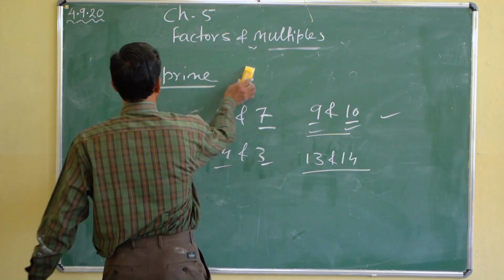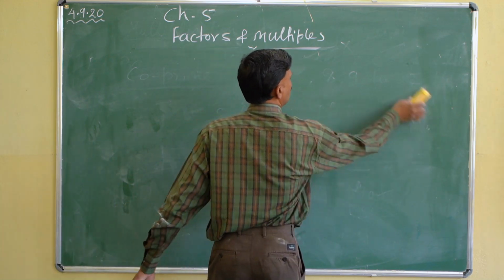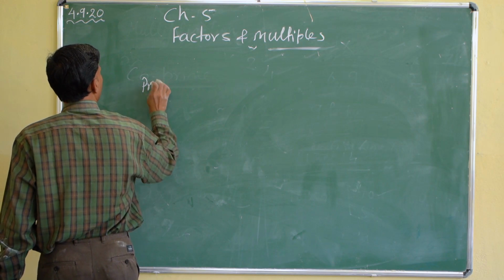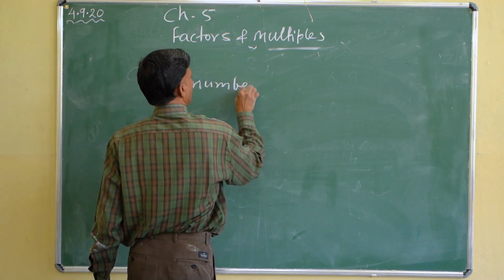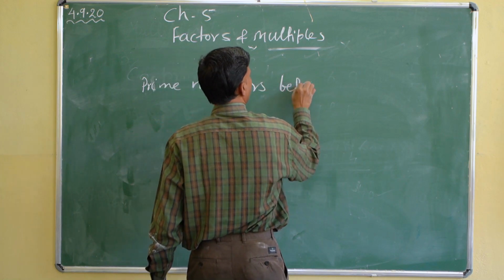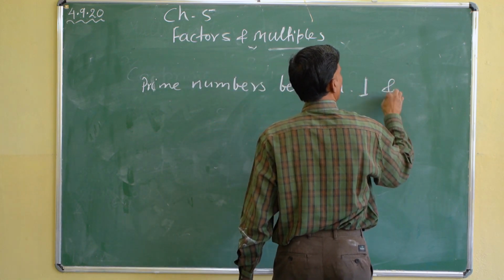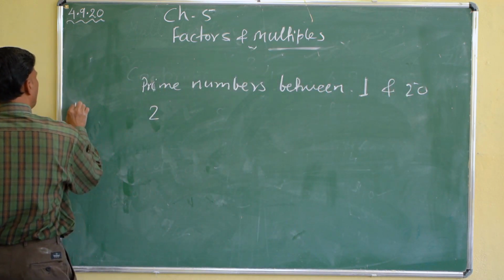If you see the prime numbers between 1 and 20, what will they be? It will start with 2, that is prime.